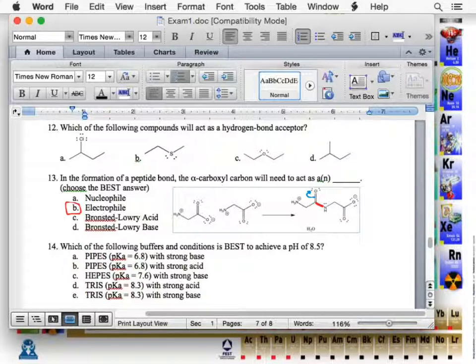So we can process it from either end of that. What makes this one trickier is that when we look at our starting conditions, does the nitrogen look like a nucleophile? No. Because it has to go through a sequence of protonation and deprotonation steps. For it to act solely as an acid or a base, that had better be the only thing that happens, the exchange of a proton. That is not the only thing that happened here.